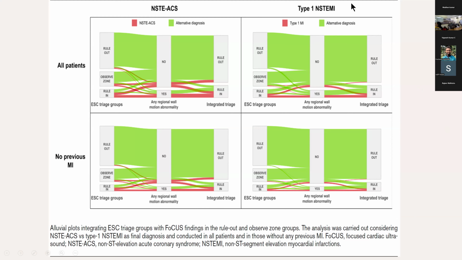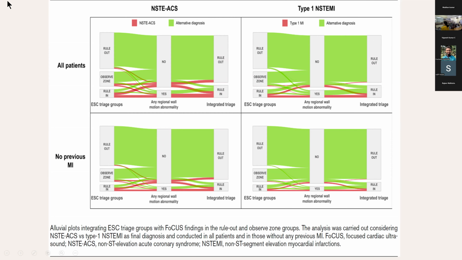Red is NSTEMI. So these many patients were in the rule out group. Of them, this small percentage had an NSTEMI, but based on the focused ultrasound, some of them went from rule out, where they were just waiting for repeat troponin, into the observe group, and a small percentage went into the rule in.